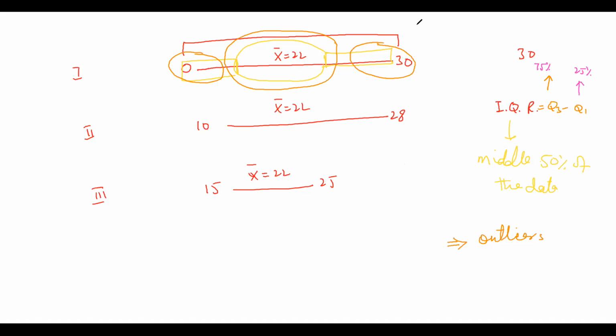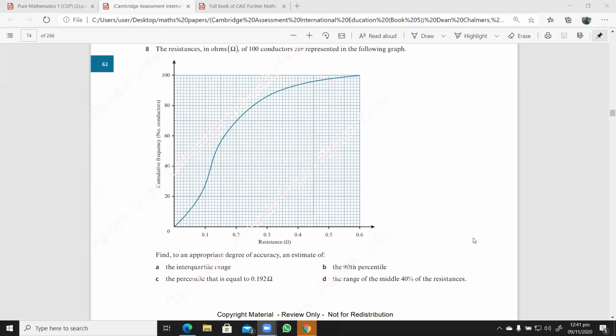Okay, so I take you back to the question here. This discussion was basically about why we find the interquartile range. That is to get rid of the extreme values and focus on the core of the data.